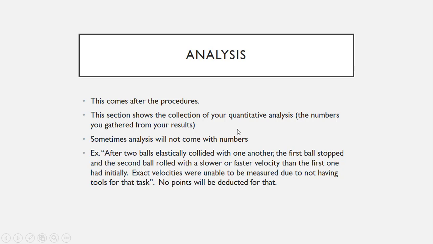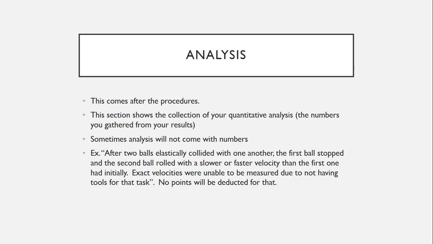Analysis. This comes after the procedure. This section shows the collection of your quantitative analysis, the numbers you gathered from your results. Sometimes analysis will not come with numbers. An instance is: after two balls elastically collided with one another, the first ball stopped and the second ball rolled with a slower or faster velocity than the first one had initially.